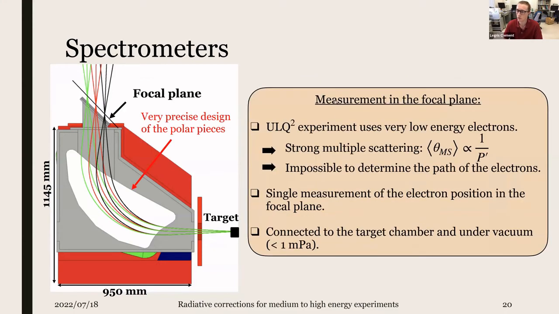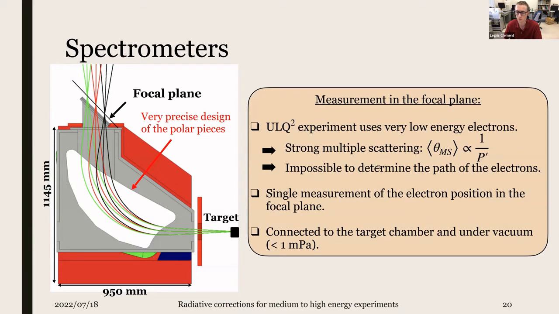Most current spectrometers place several detectors on top of the spectrometer to track the path of the particle. But in the case of the ULQ2 experiment, as we are using very low energy electrons, we cannot do this, because we face very strong multiple scattering, as the scattering angle is proportional to the inverse of the momentum.